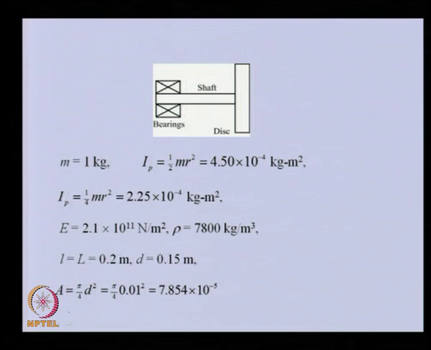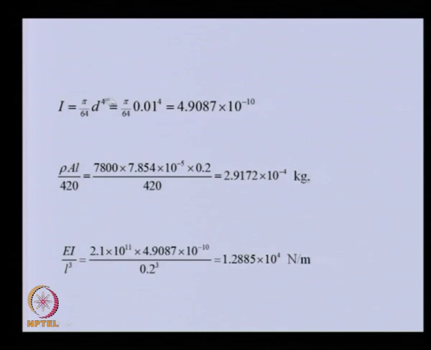So these are the properties of the shaft, and initially we are taking a single element for illustration purposes, but we will show the results for more elements. So these are the properties. These we can calculate based on the data given.